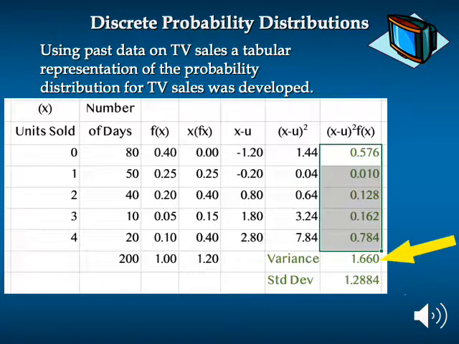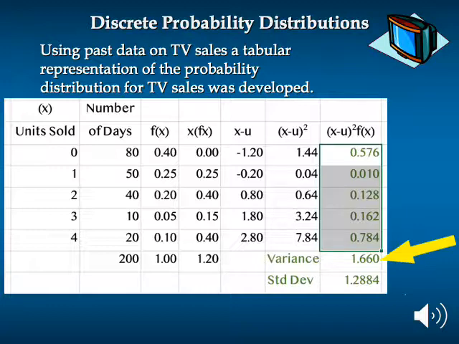For the last column, we're going to have (x minus μ) squared, which is the previous column, that's that 1.44, times the function of x. And we look at the function of x in this first row, and we see it's 0.4. And when we multiply those two together, we get 0.576.